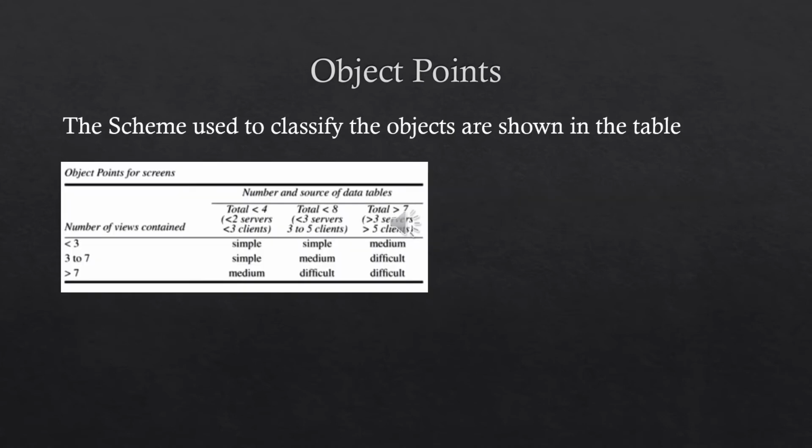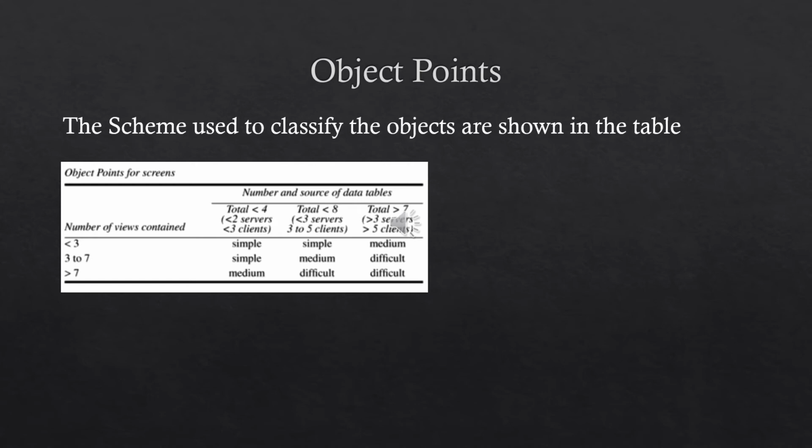The scheme used to classify the objects is shown in the table. Here I am using tables to show two kinds of objects: one is object points for screens, and the second one is object points for reports.